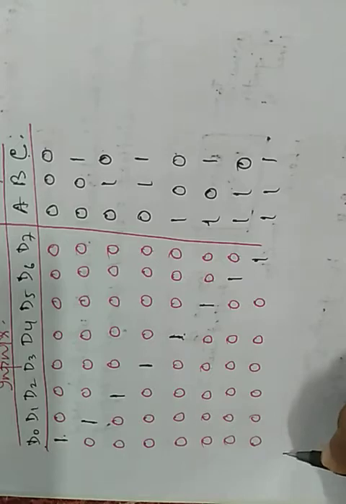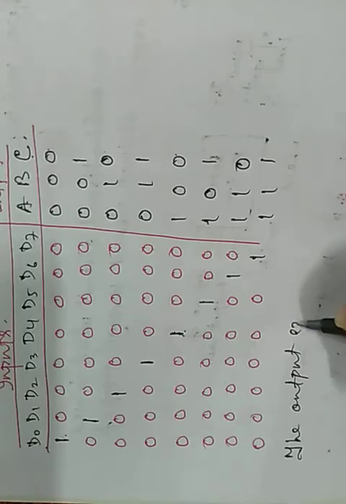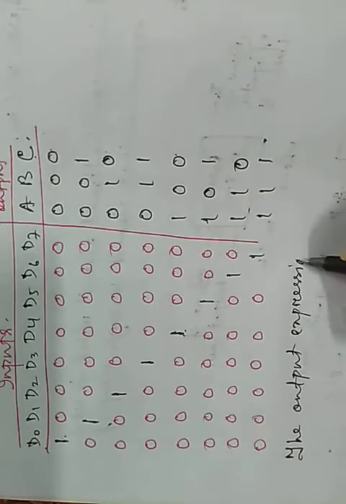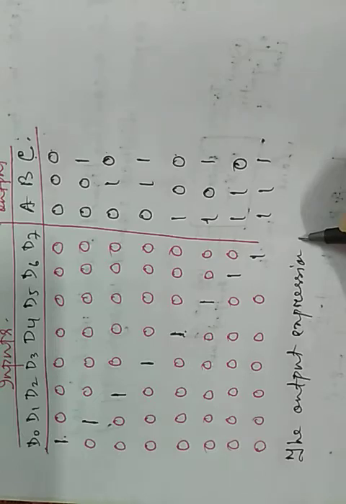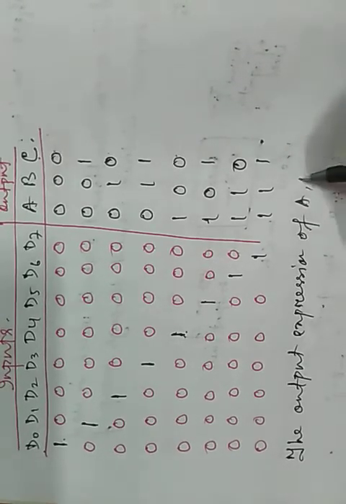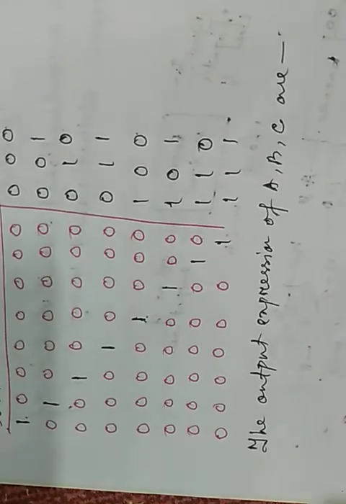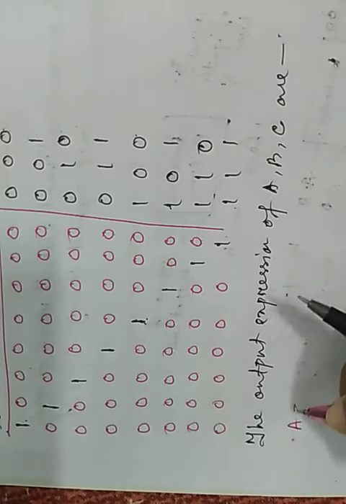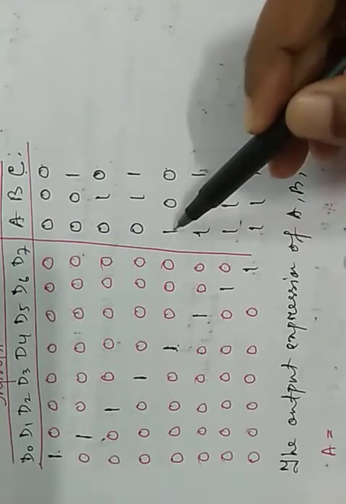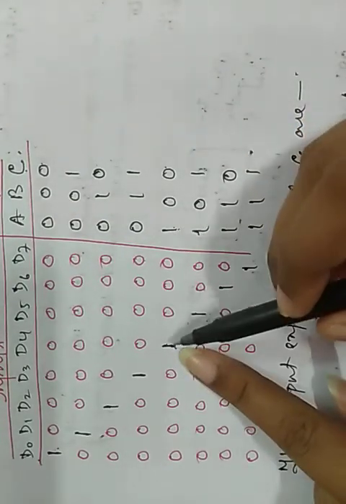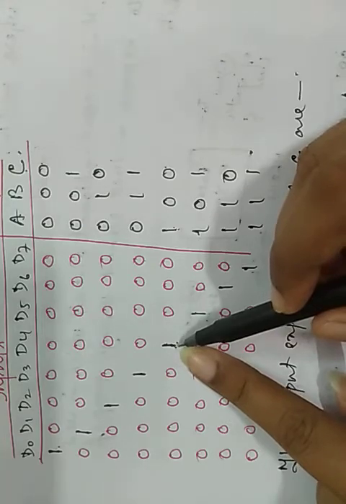Now let us see the output expressions of A, B, C. For A, we have to take the min term value. Min term value means we have to take the one value. So for one value, you have to see the corresponding value of 1 here.